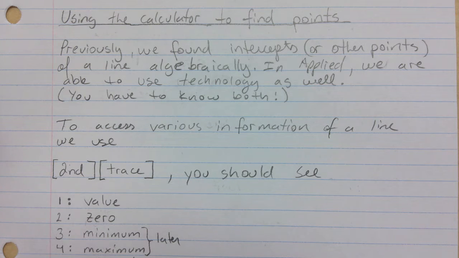And that's why I started without using a calculator, because then it's a nice review. But this is probably the most useful tool out of all the other tools that this calculator has: the second trace function. The trace button is also found right underneath the screen.